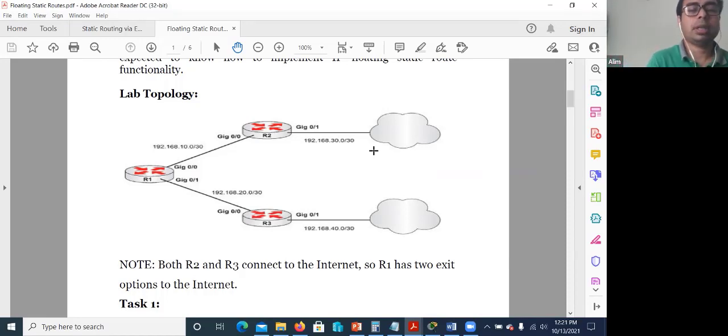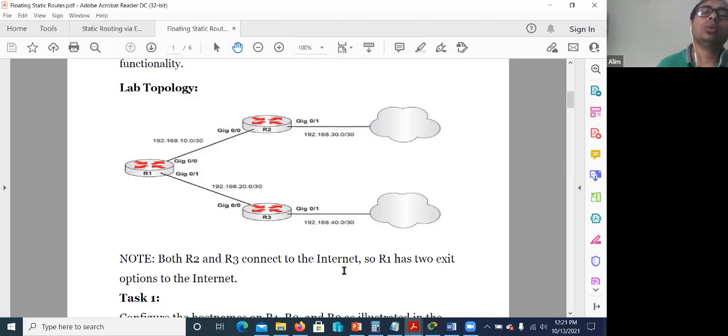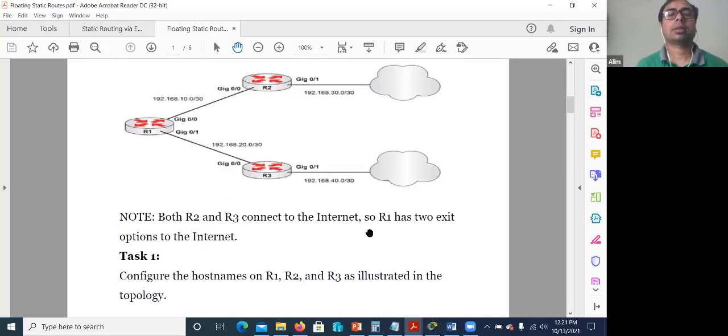So you decided that you will connect to another ISP also, so that you have redundant links. If one link is down, another link will serve you. Then how can you configure this?